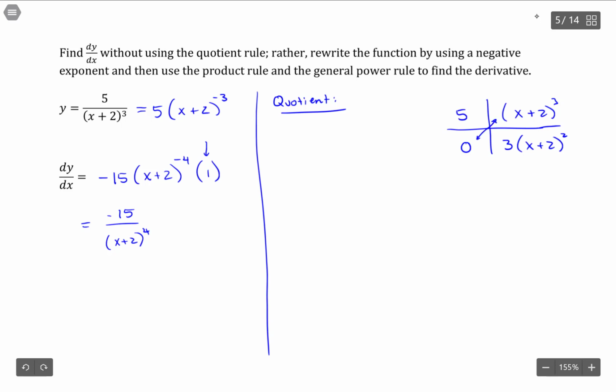Okay. I'll go ahead and emphasize times 1 just for making sure we don't forget it.